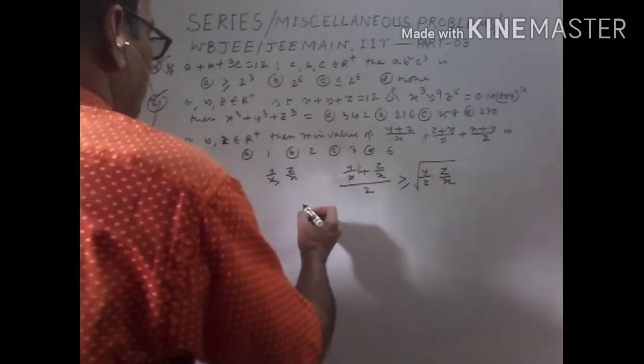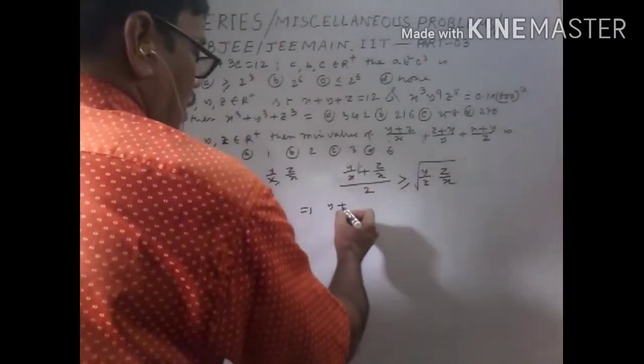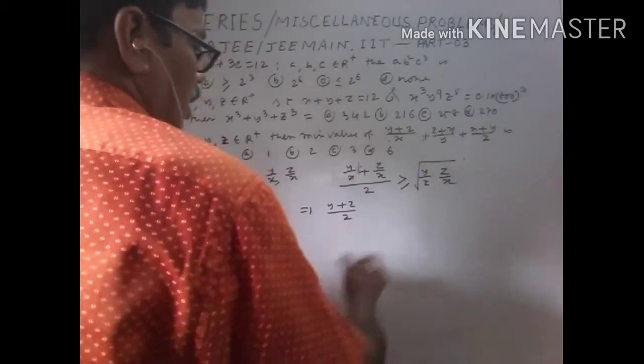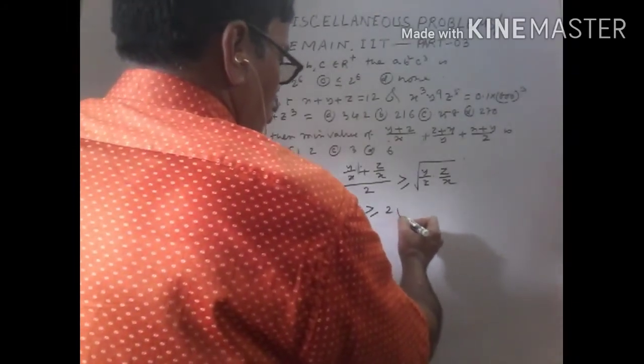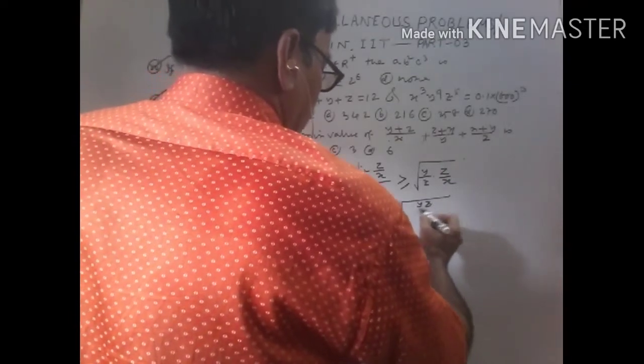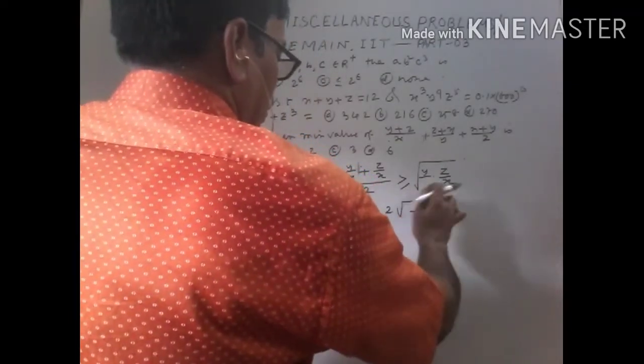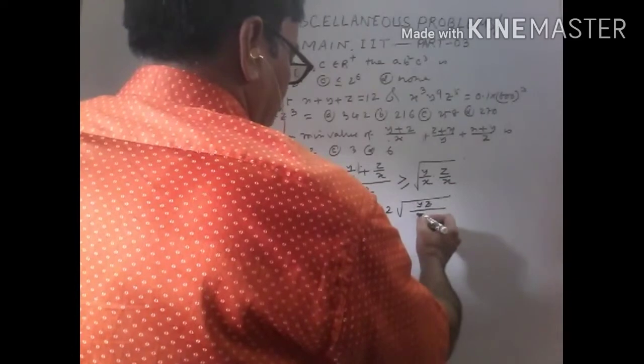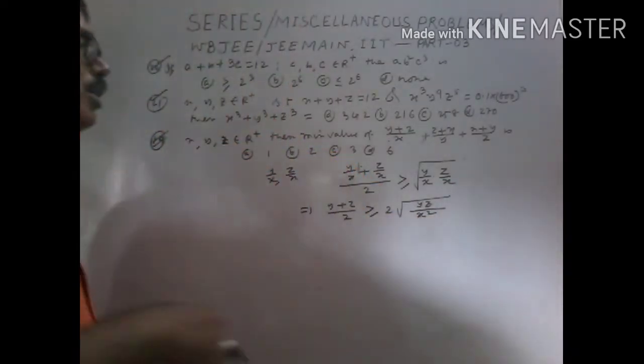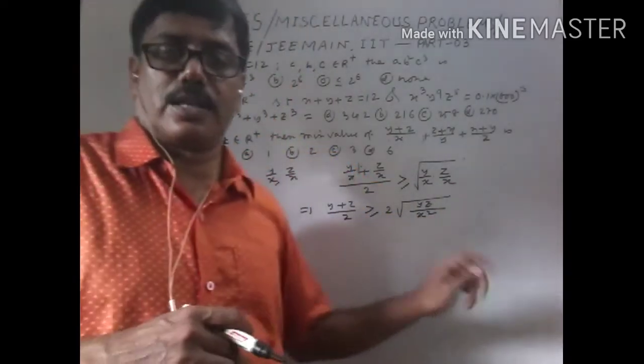So what we are getting, look, y plus z by x is greater than or equal to 2 into root over yz by x square.